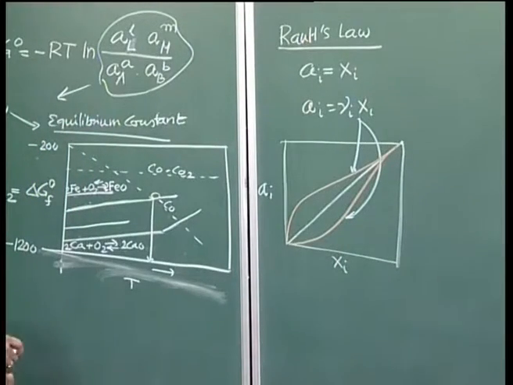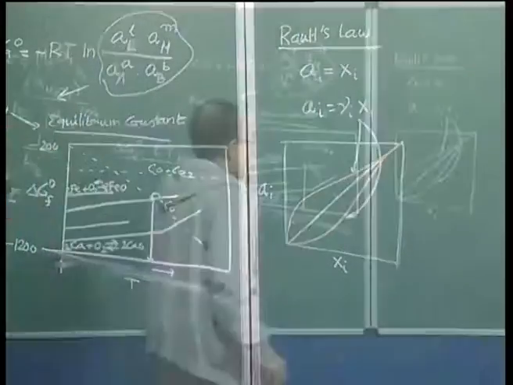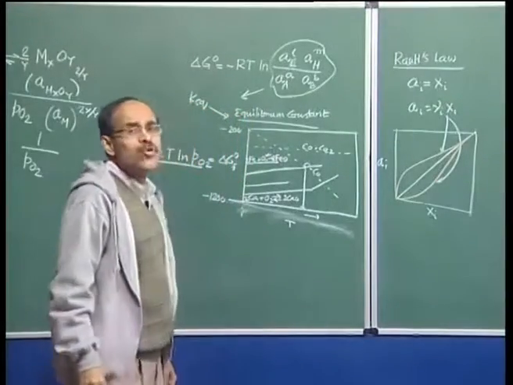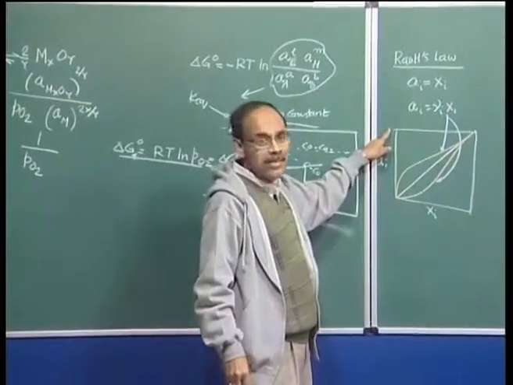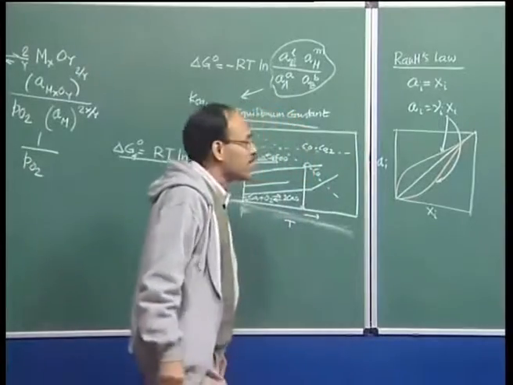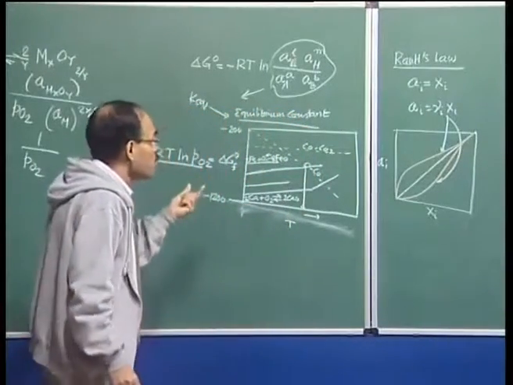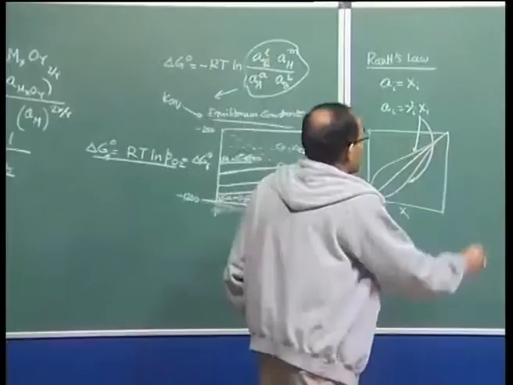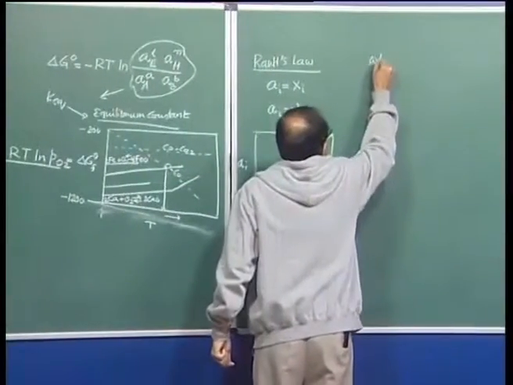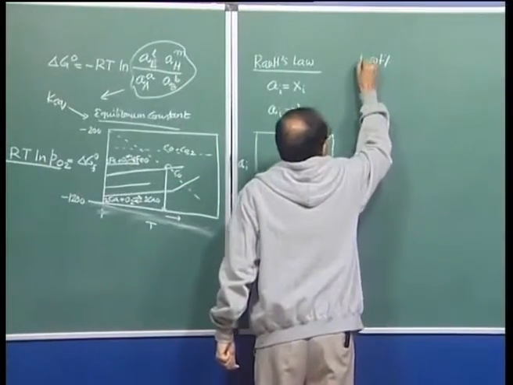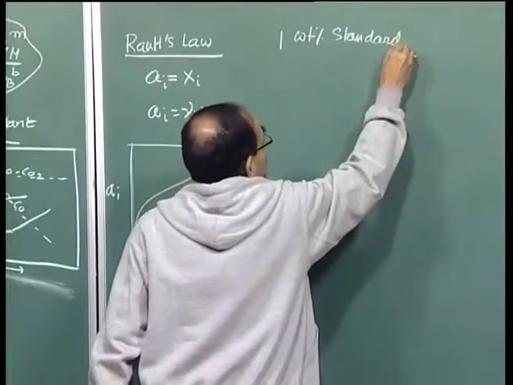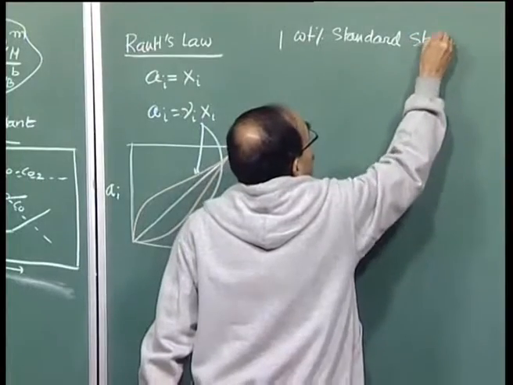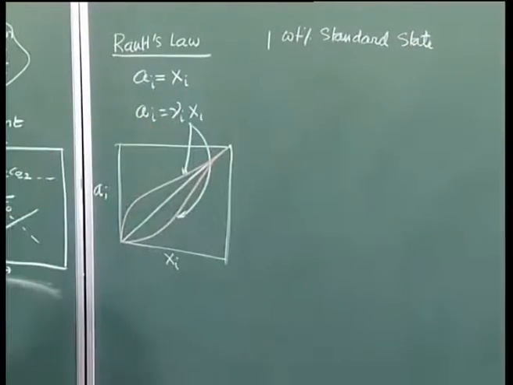Now, we can have different types of expressions depending on what we choose as the standard state. In this case, the standard state refers to the pure element, but we can also define another standard state. For example, we can use Henry's law in the 1 weight percentage standard scale. This is also a very popular scale and finds extensive application in dilute solutions.